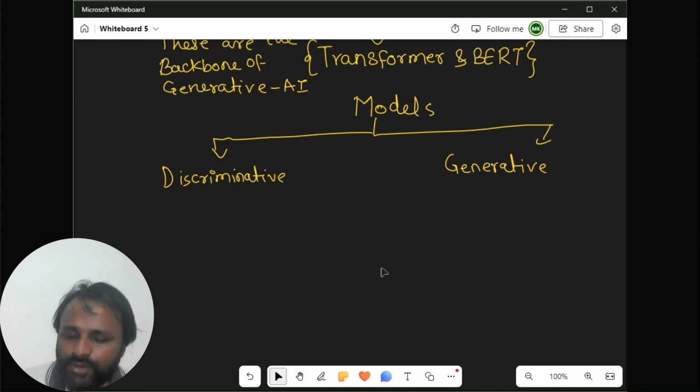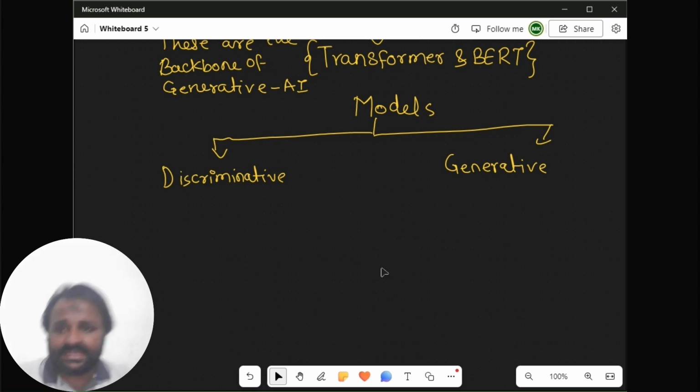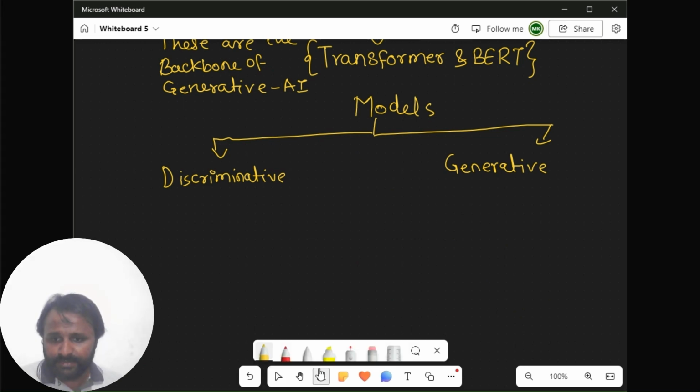Now, discriminative AI is mostly about tasks like classification and prediction. I can write it here so you will remember: classification, and similarly regression.